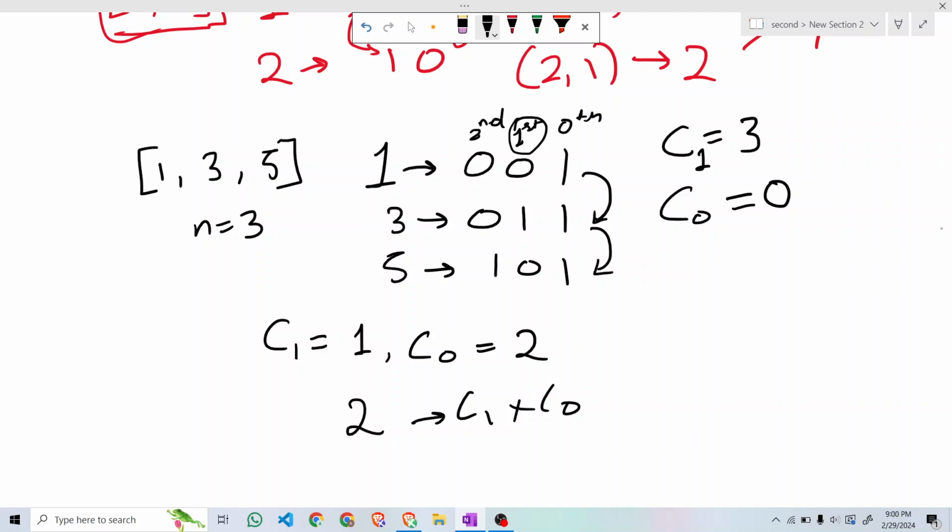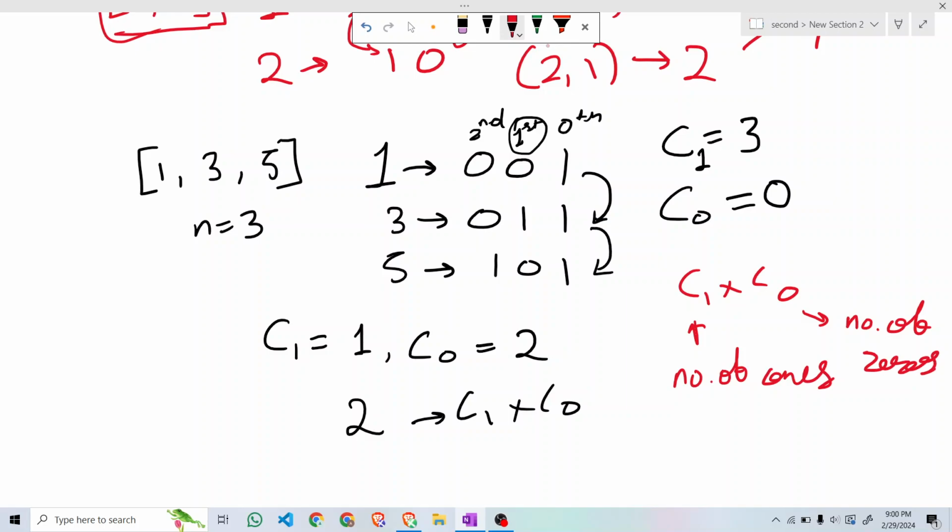It would be C1 times C0, so the number of ones times the number of zeros in that position.